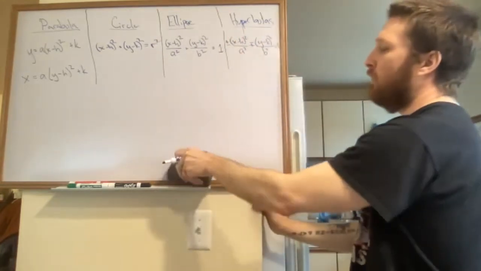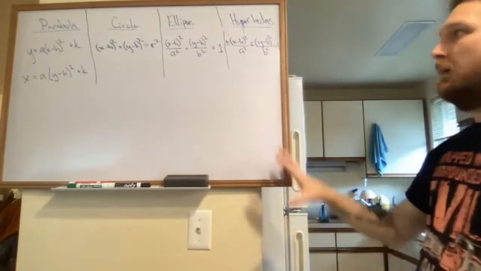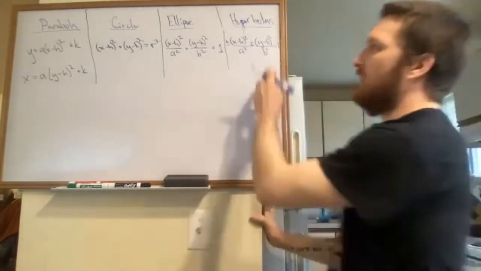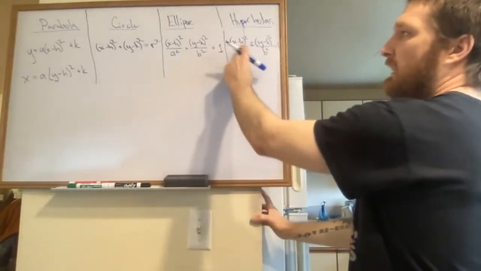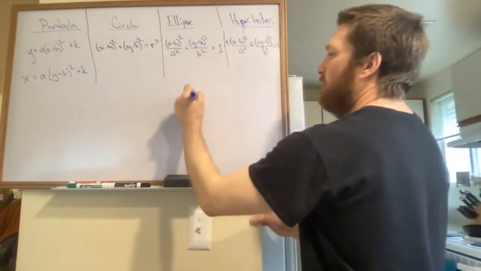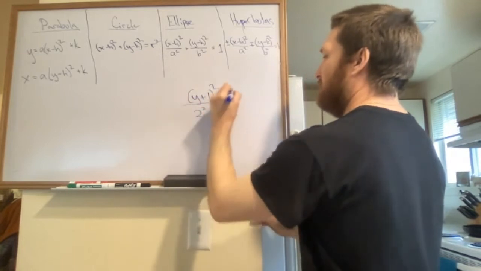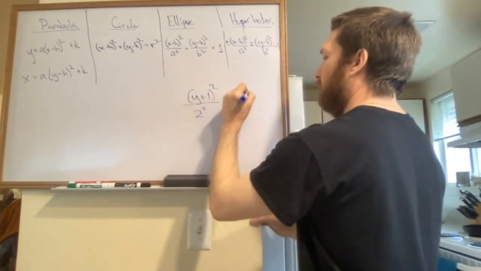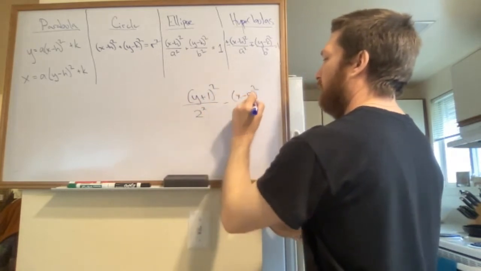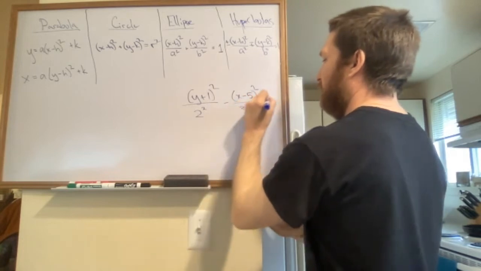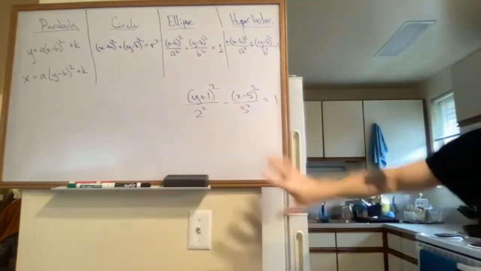And I'm not going to nitpick on this. If it ends up being that one's minus and that one's plus, it would be perfectly fine for you to do something like this.